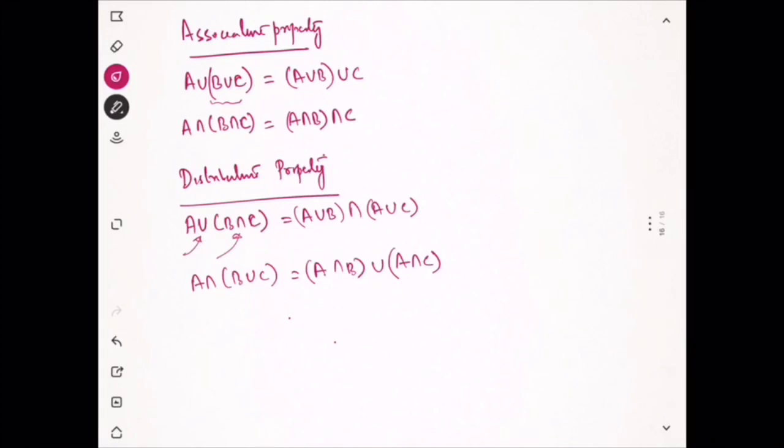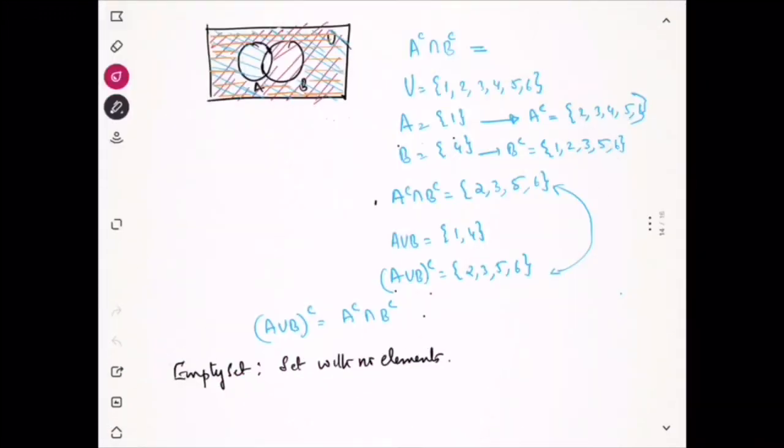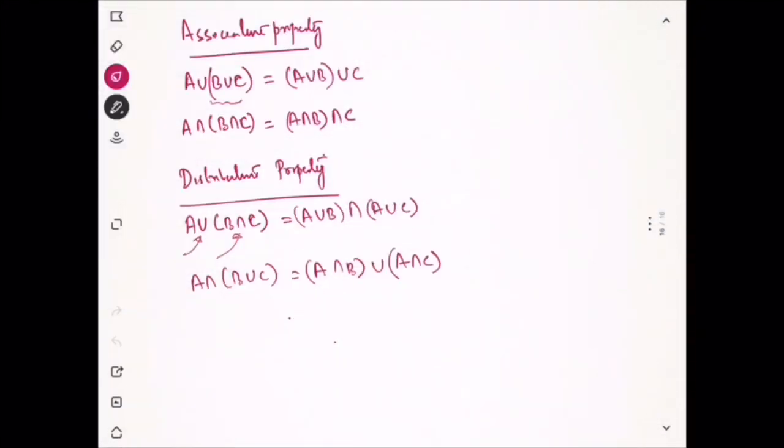And there is one very famous rule that we have already observed from our previous example. We have already explained this: A union B whole complement is nothing but A complement intersection B complement. We will call this De Morgan's rules.